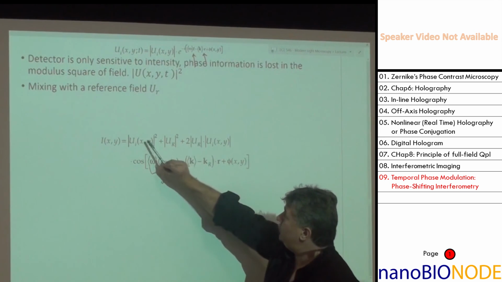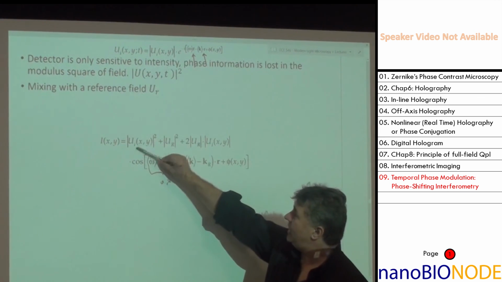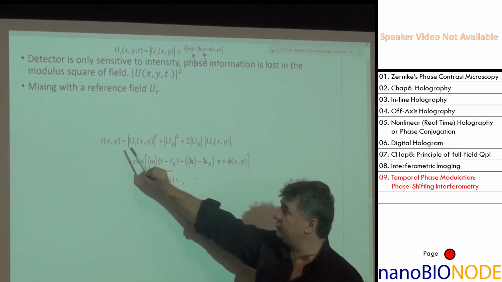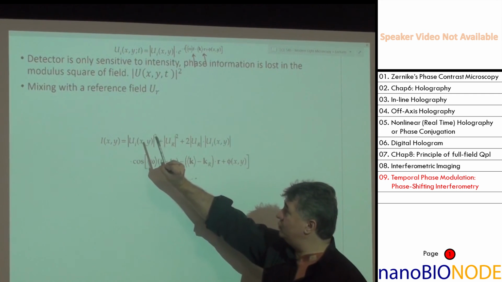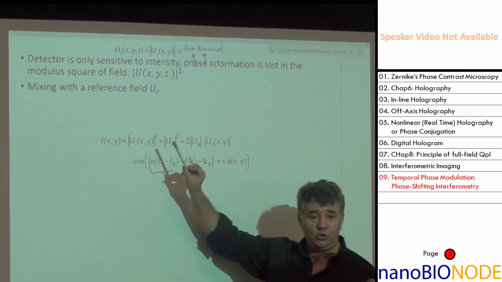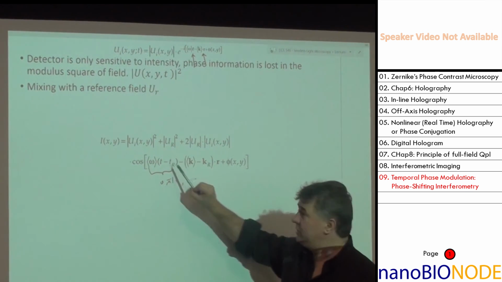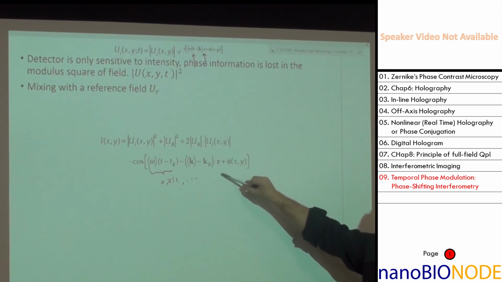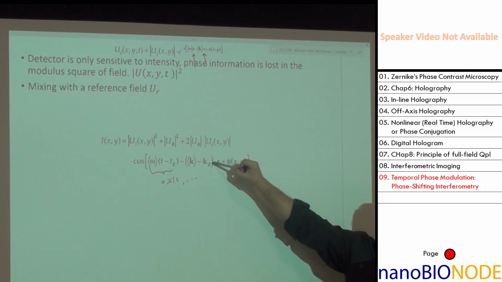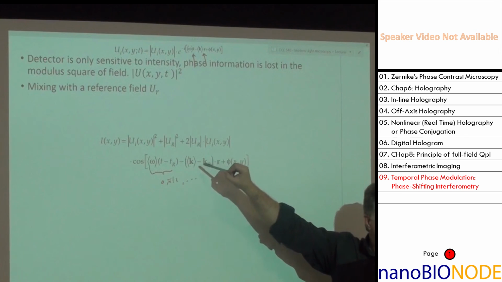The idea is that you want to eliminate these unknowns. In this equation, from one intensity image, you have three unknowns: the intensity of the image, the intensity of the reference, and the phase difference between the two. So you have too many unknowns for one measurement.